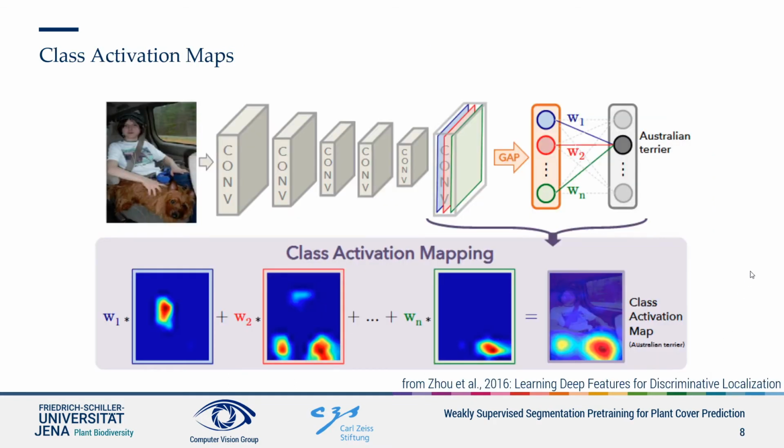The base of our approach are so-called class activation maps. For those who are not aware of this approach, it was introduced by Zhu et al. in 2016, and the basic idea behind this is to utilize a network which was trained with global average pooling and a fully connected layer.